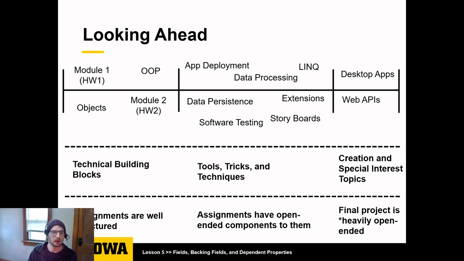We'll also talk about tools, so we'll talk about storyboards and app deployment tools and how those pertain to the software development process. Software testing tools we'll also talk about, and a variety of other things. But what you can expect in this part of the course is that assignments will have more of an open-ended component to them.